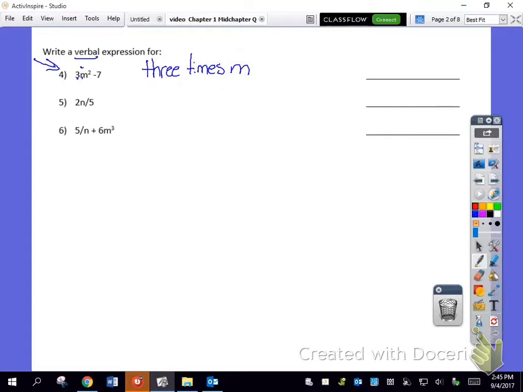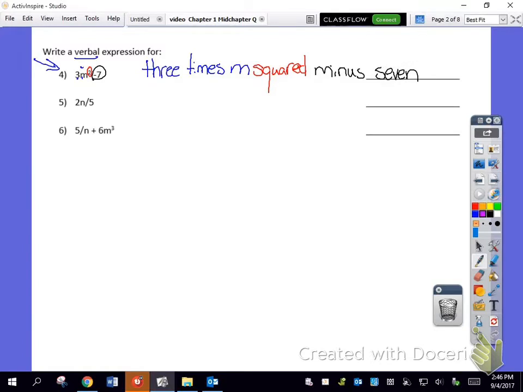Okay? But then I have this little exponent 2, and that's called squared. So 3 times m squared, and then I have this minus 7, so I'm gonna put minus 7. Okay, 3 times m squared minus 7.